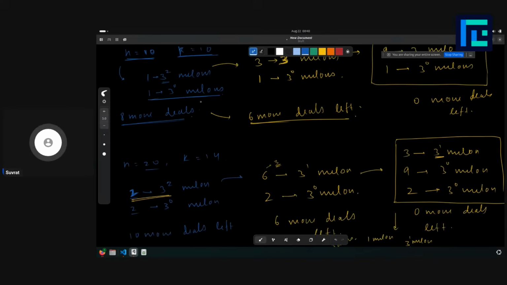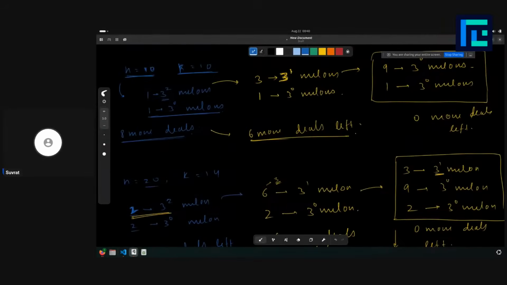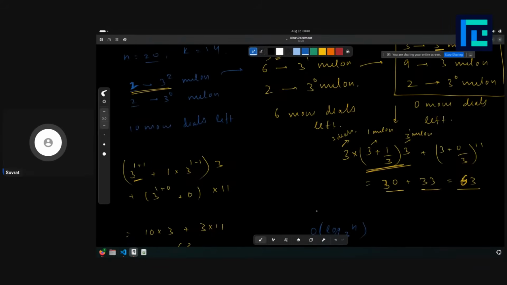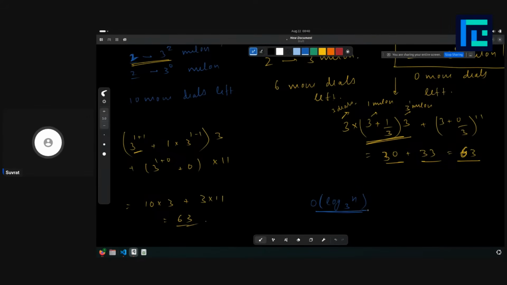And since we will only need to move once through each of these log n base 3 different types of deals we need to do, so that would be the time complexity. I'll show you guys the code.